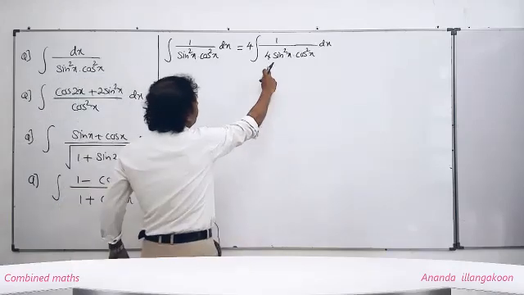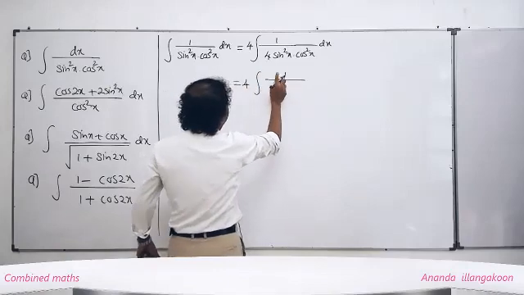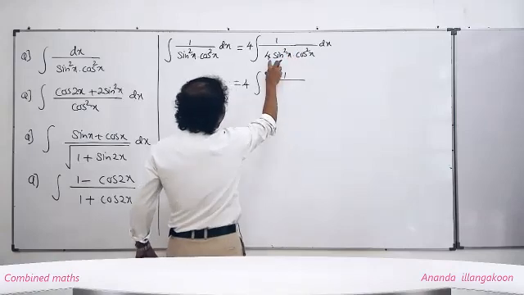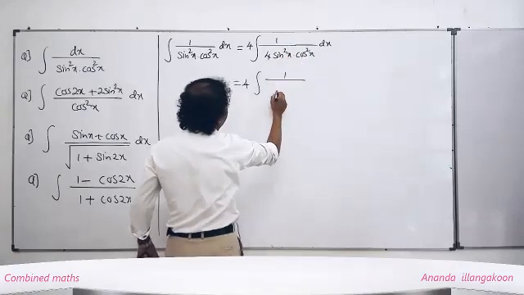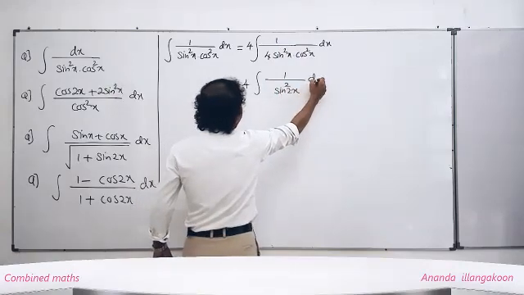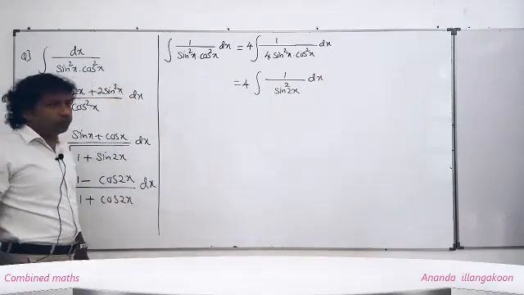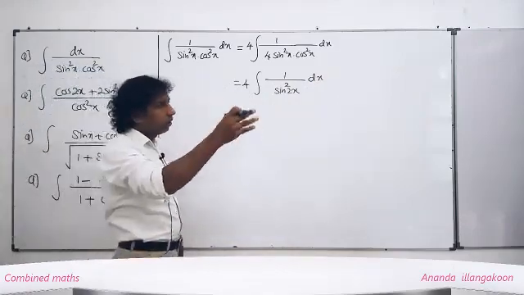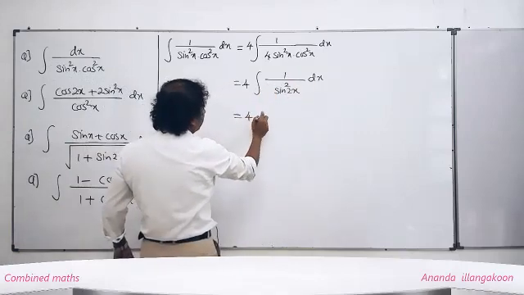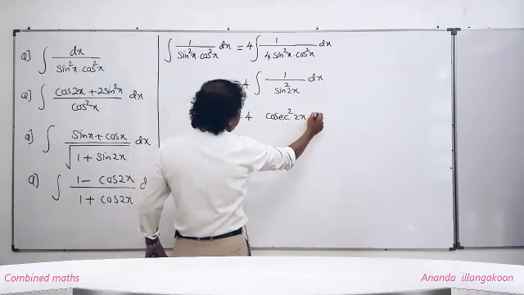Now you can write 4 sine squared x cos squared x as 2 sine x cos x perfect squared. 2 sine x cos x is sine 2x, perfect squared means sine squared 2x. 1 upon sine squared means cosec squared 2x dx.